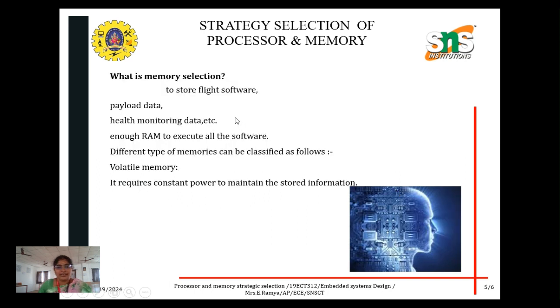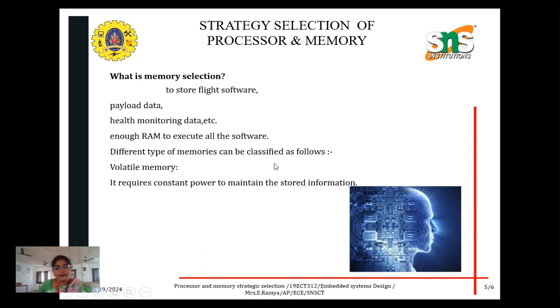What is memory selection? Till now we discussed processor selection, how to choose a processor and what parameters we have to concentrate on. Next we can go for memory selection. Memory is selected to store flight software or payload data, health monitoring data, and to have enough RAM to execute all the software.